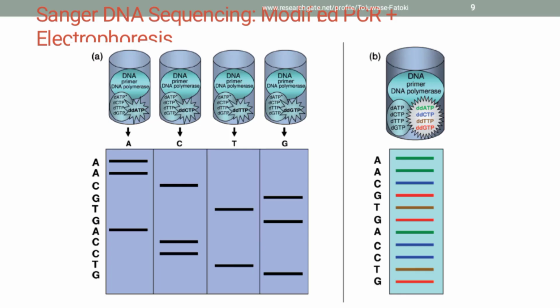So all the four necessary nucleotide bases for DNA were present, in addition to the dideoxynucleotide. Then we have the forward and the reverse primer, and then the DNA polymerase enzyme, which will help to populate the growing chain of DNA. The process is very unique and very straightforward. Anytime the DNA polymerase inserts the dideoxynucleotide, the growing DNA chain will stop.